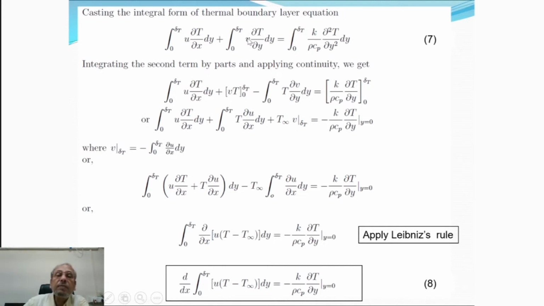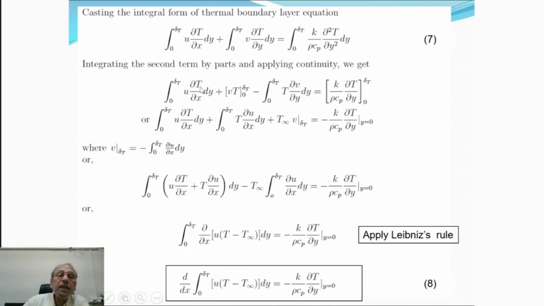So this becomes the first term into the integration of the second term, we apply the limits, minus basically the derivative of the first term, del v del y, times the integration of the second term, and together it is integrated between the limits, equal to k by rho Cp del T del y at delta T, the upper limit, and the lower limit 0.